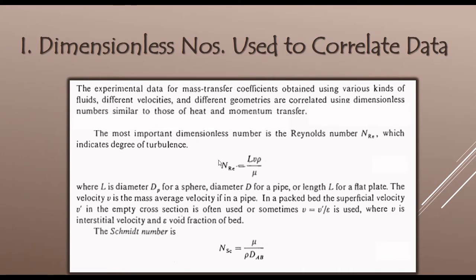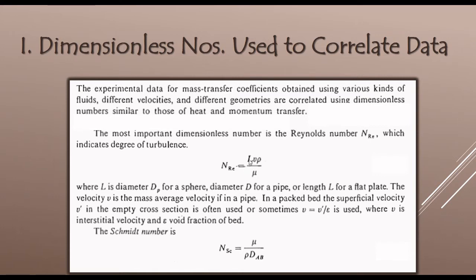or turbulent. Now in this formula, we have L as the diameter for the sphere, if the shape is a sphere, and L is the diameter of the pipe if it's a pipe, or L is really the length if we're considering a flat plate. So the L in here depends really on the geometry.